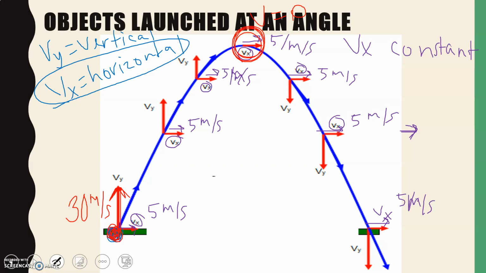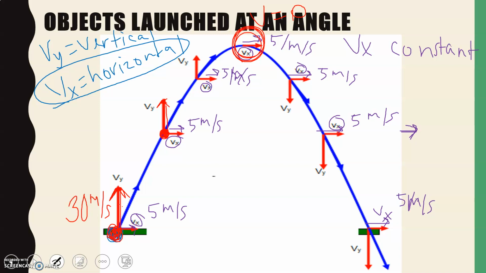Next, at our next position, here, the ball is located, and again, our horizontal components are not changing. Look at our vertical component. This arrow is longer than our horizontal component still, but it's not 30 meters per second. Well, technically, it's fighting against gravity, negative 9.8, or we'll just round to 10 for these examples.